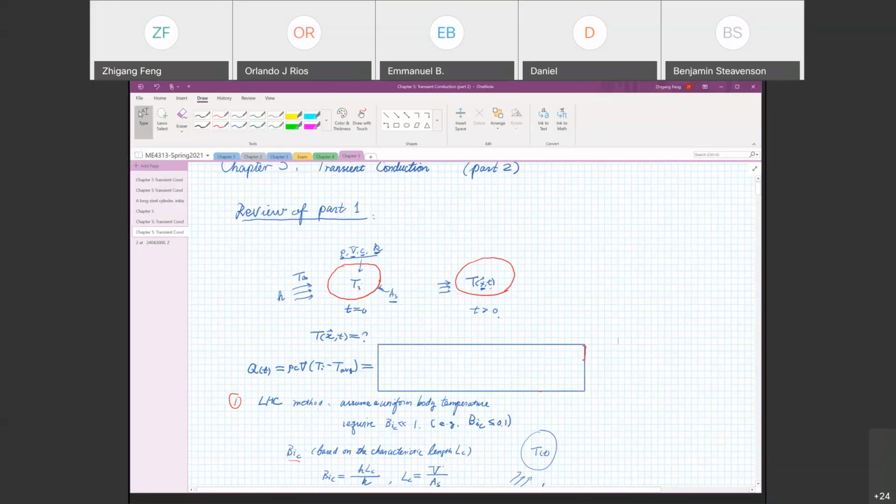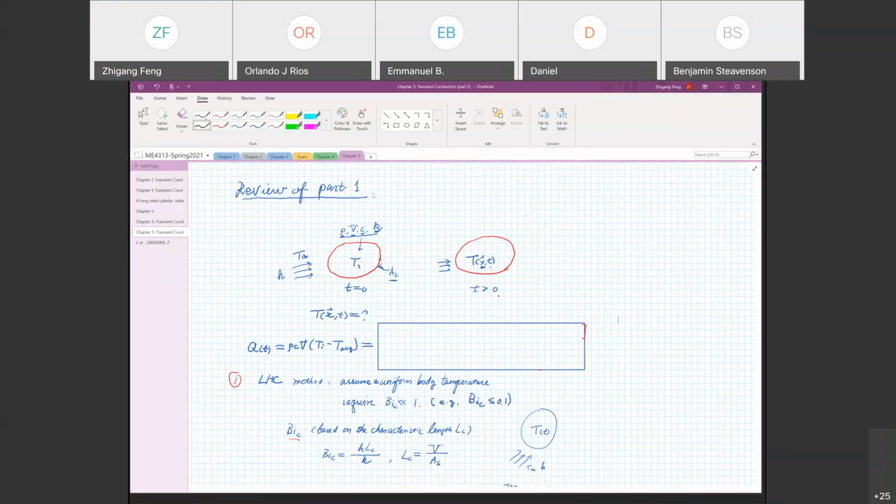So the problem that we are looking at is the transient conduction of a body. The red indicates the body at time t equal to 0. It has an initial temperature T sub i. And the properties of the body, including the density, rho, the volume, capital V, the specific heat, C, and the thermal conductivity, k. So all these are the properties of the body.